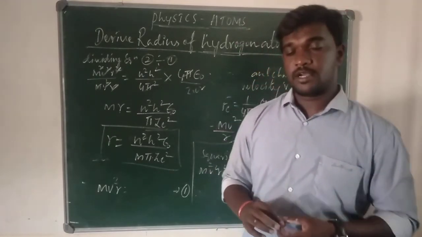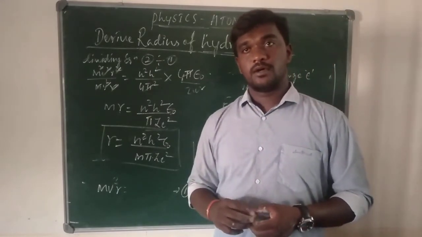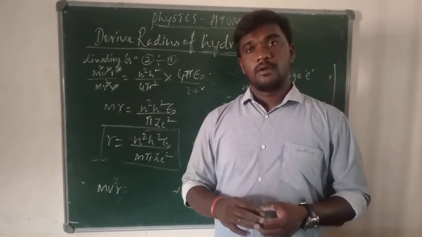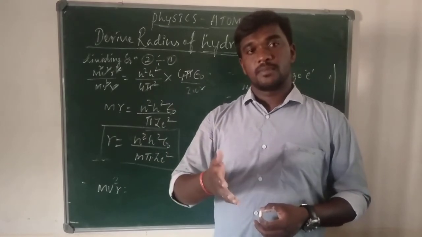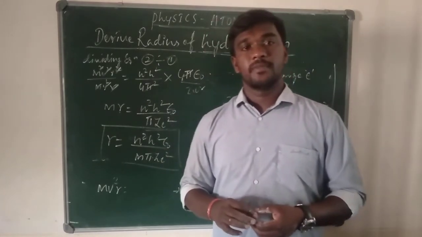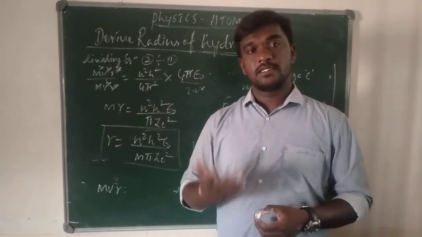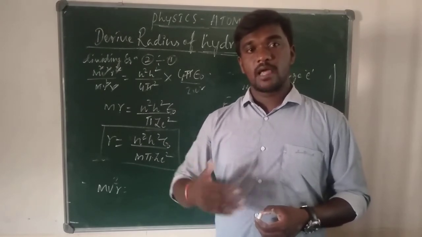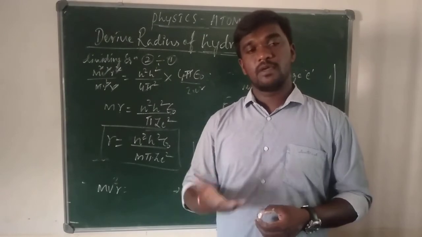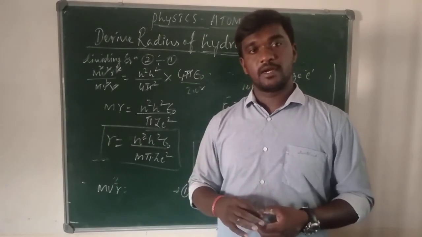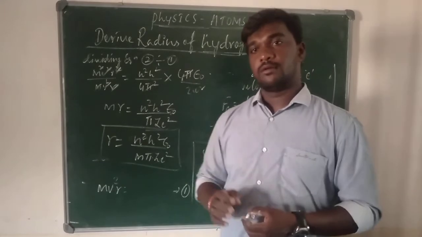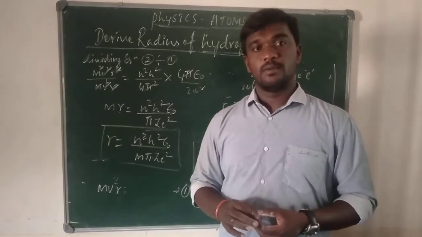Another limitation: as the electron spirals inwards, its angular frequency and angular velocity change continuously, so the atom would emit a continuous spectrum, but we observe only a line spectrum. That also fails.